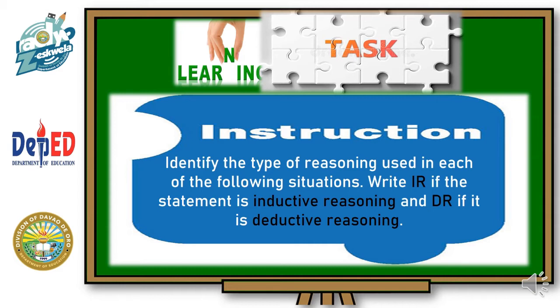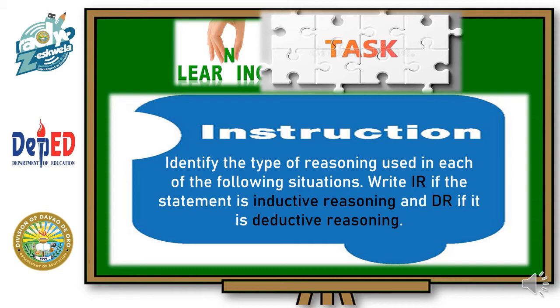Identify the type of reasoning used in each of the following situation. Write IR if the statement is inductive reasoning, and write DR if it is deductive reasoning. Again, identify the type of reasoning used in each of the following situation.